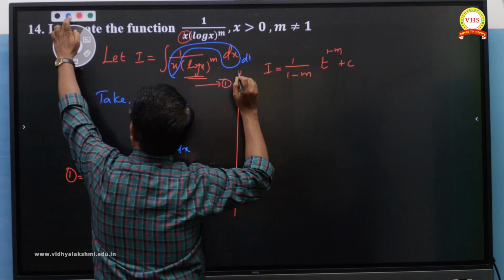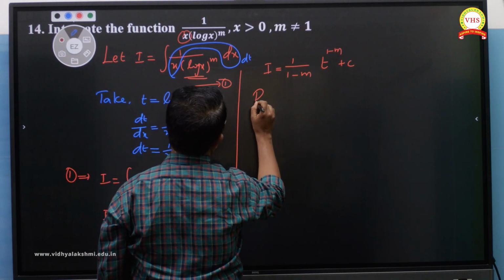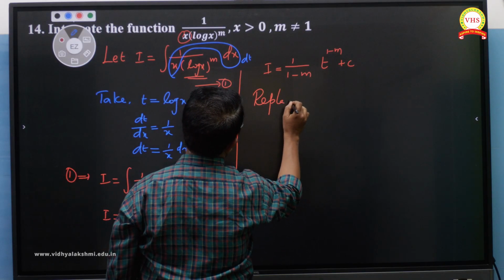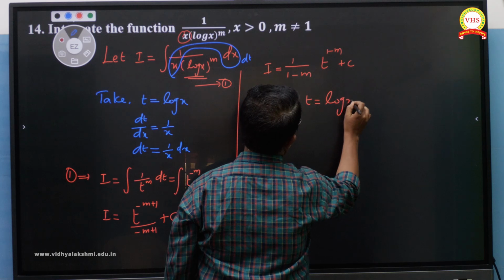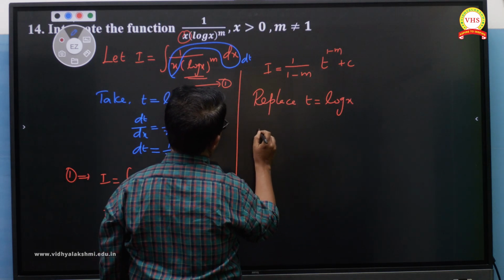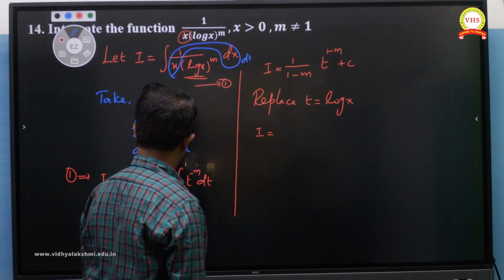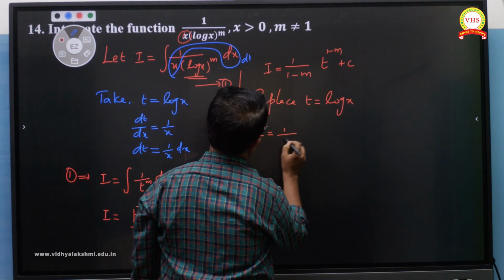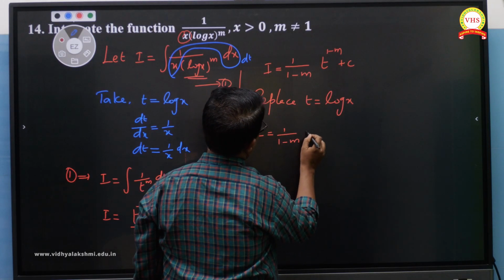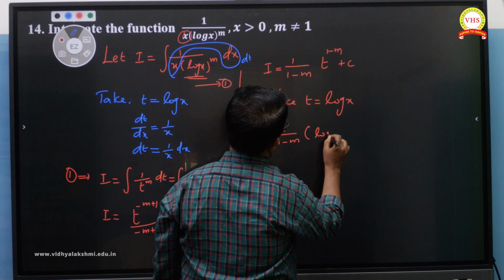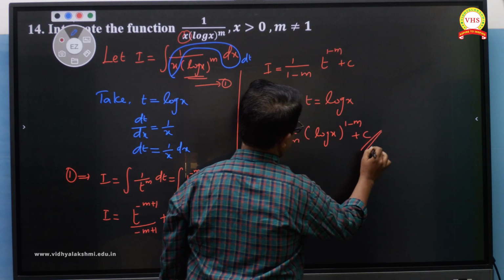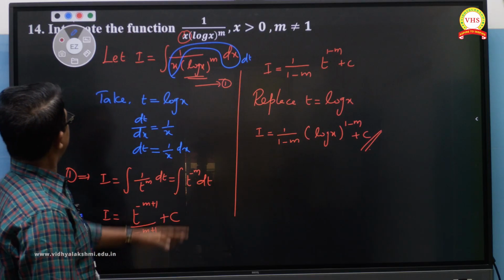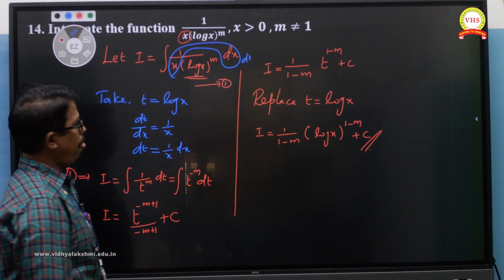The final answer in terms of x: replace t equal to log x. What are we going to get? I equal to 1 by (1 minus m) into (log of x) whole power 1 minus m plus c. This is the solution for the given integration.